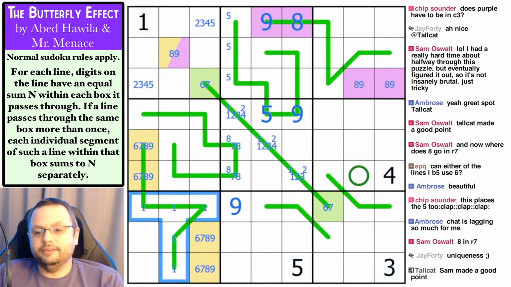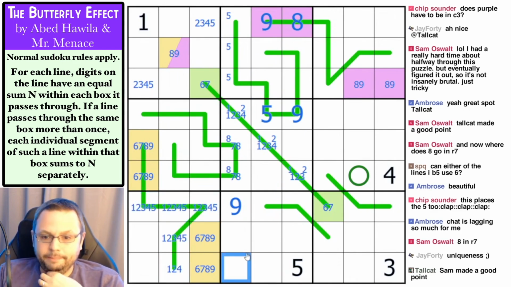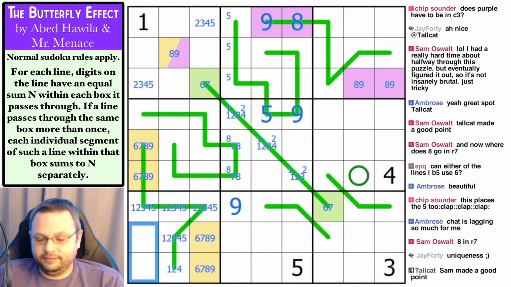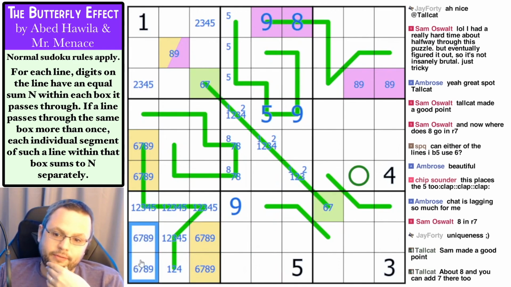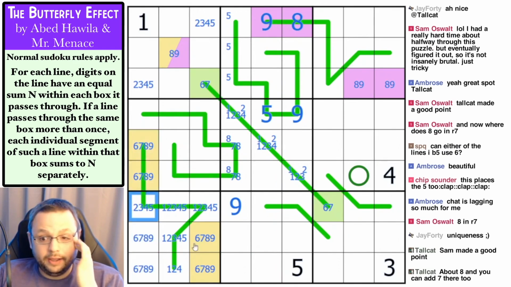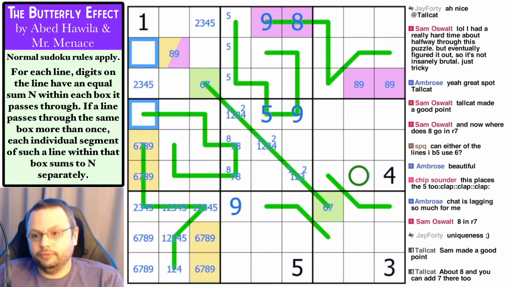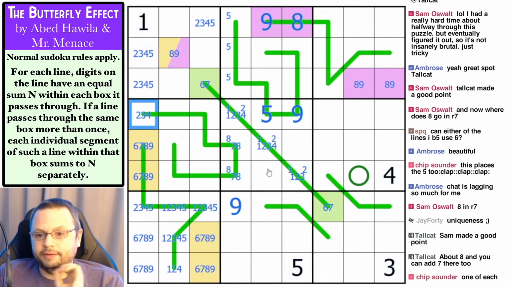So this is 1, 2, 3, 4, 5. There is no debate about that. So this is 6, 7, 8, 9 down here. So this is a 6, 7, 8, 9 quad for the column. So these are from 2, 3, 4, 5. That one's not a 5.